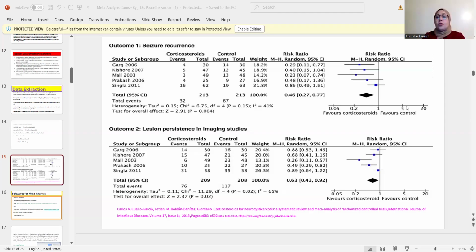Yes, it can be added if it has the numbers, if it has good tables and good data.